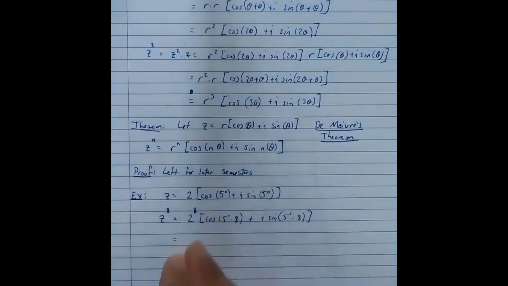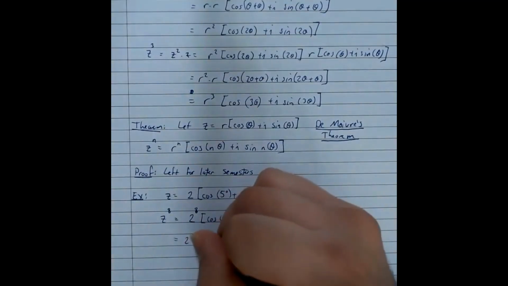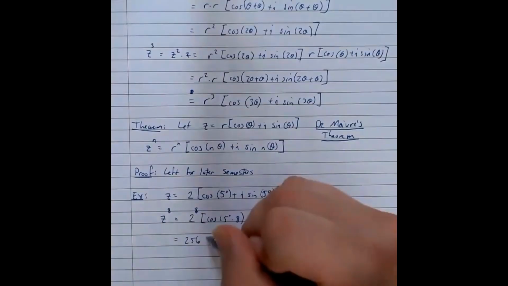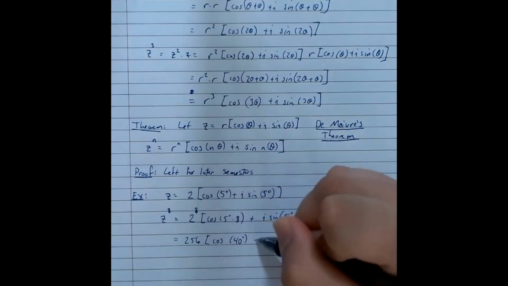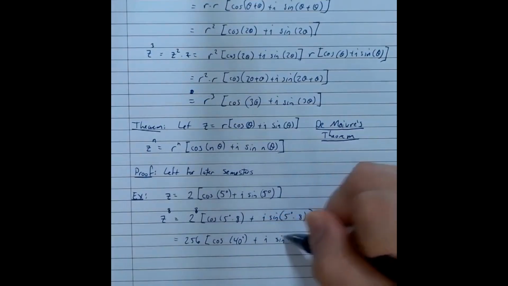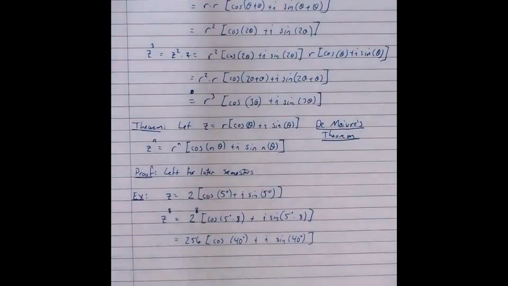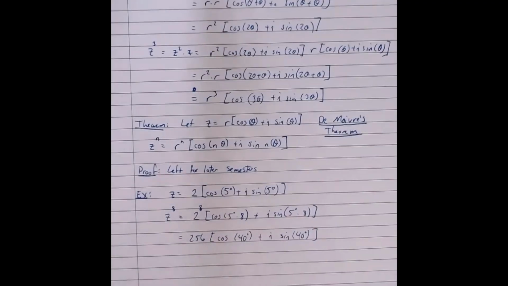Oh, well, we can do this now. 2 to the 8th power, that's going to give us 256. And if you take cosine of 5 degrees times 8, well, that's going to give you the cosine of 40 degrees, plus i, the sine of 40 degrees. That's the same number. And there we go. We just raised something to the 8th power, which normally would have taken a lot of work, simply by raising that to a power and multiplying that by a number. And that's our result.